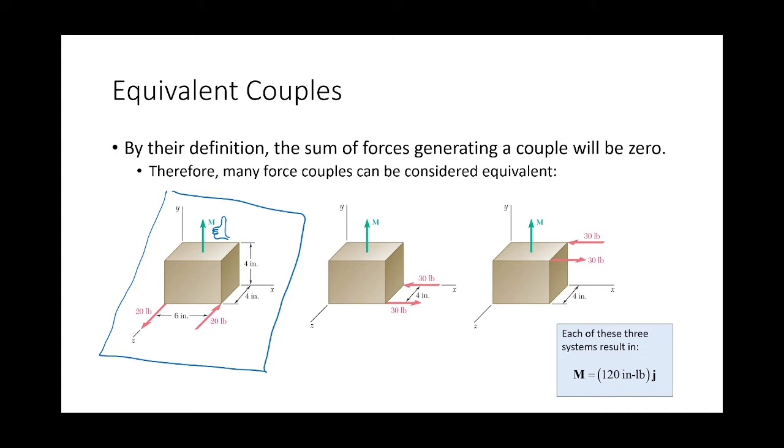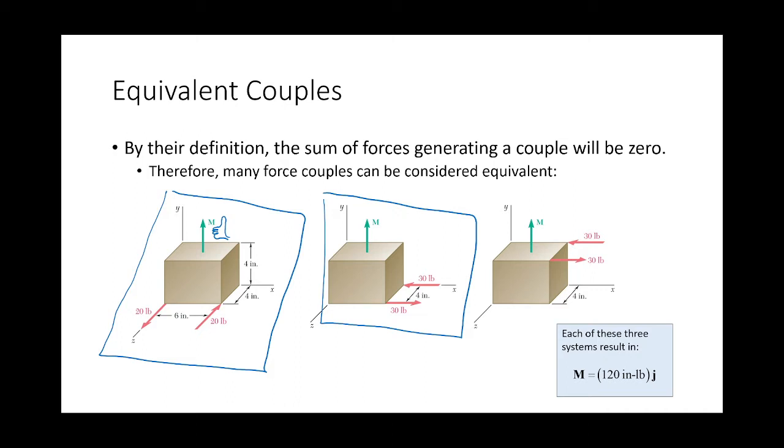Now, if you're okay with that, I want to look at this system. So now I've got a different set of forces, but they still fit the definition of a couple. I have two forces of equal magnitude, pointing in opposite directions, but they have parallel lines of action, and they're separated by a moment arm.